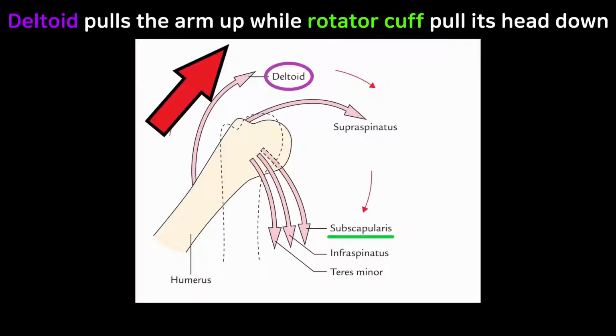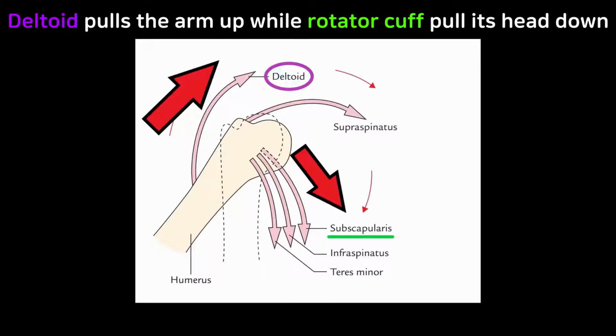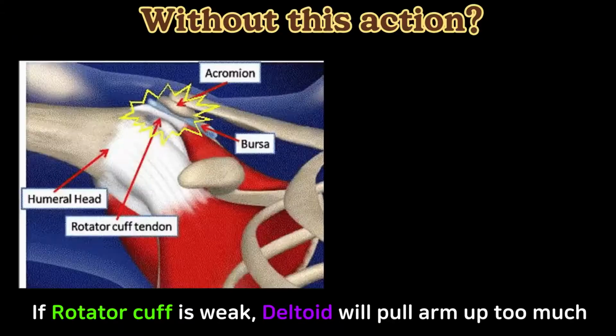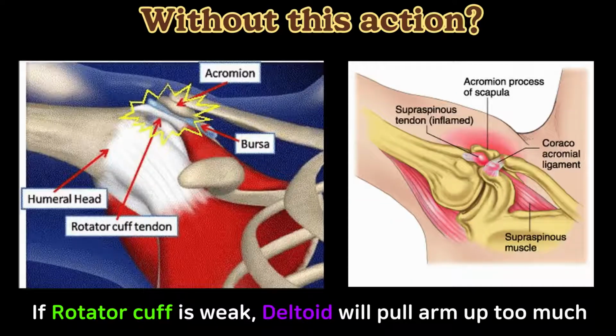Again, when the deltoid muscles pull your arm up, the rotator cuff muscles pull the head of the humerus downwards. Without this action, the humerus will definitely hit the undersurface of the acromion, which is shoulder impingement. That's why the rotator cuff muscles are so important.